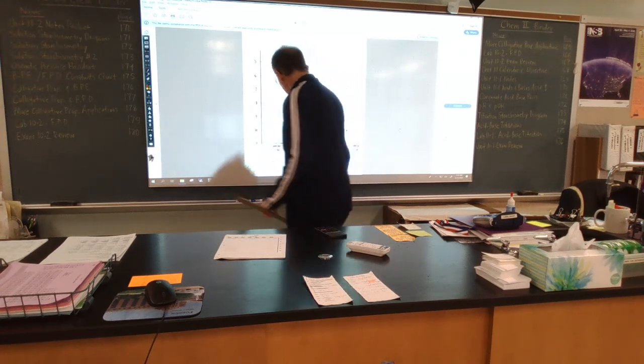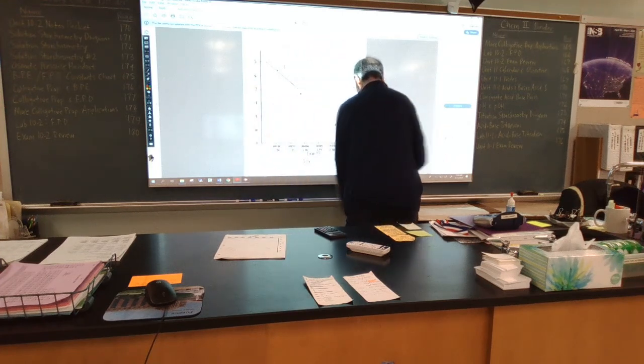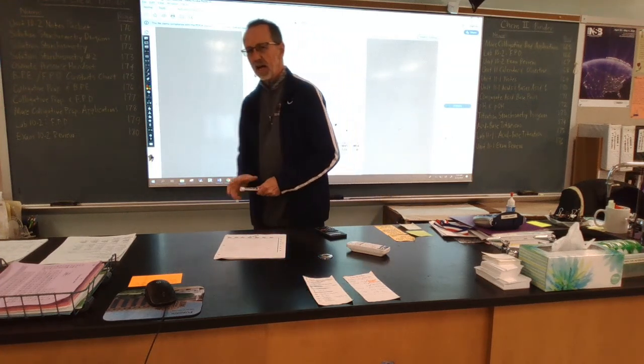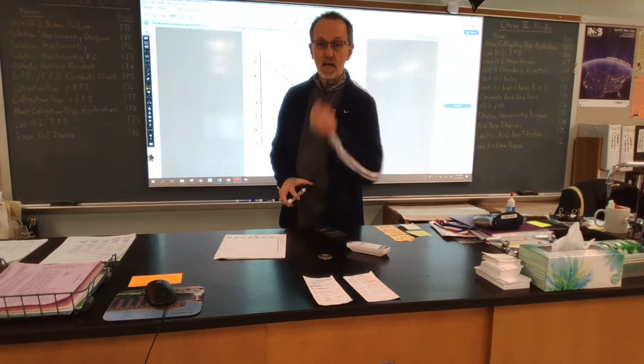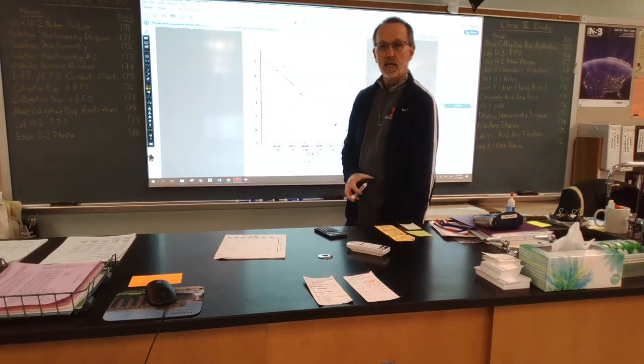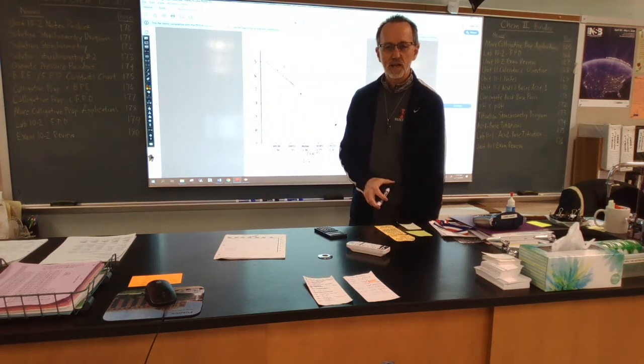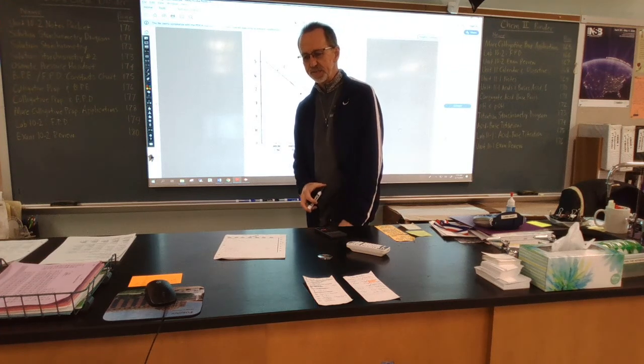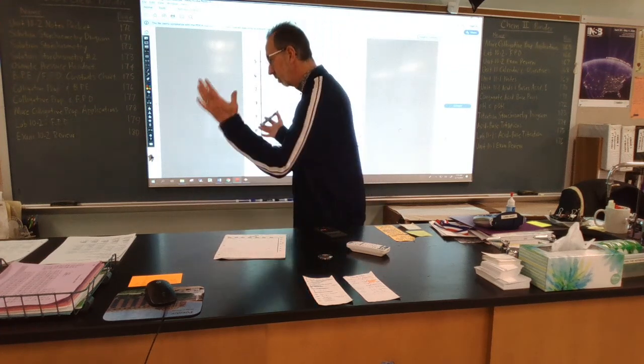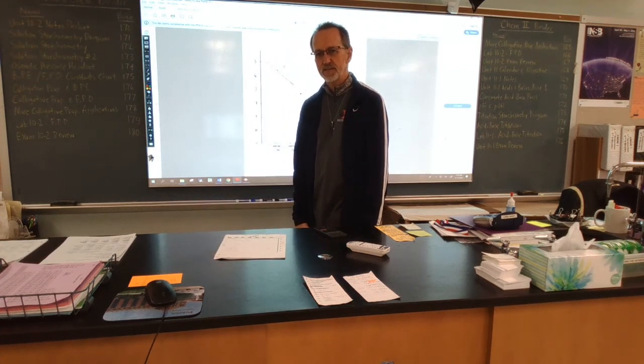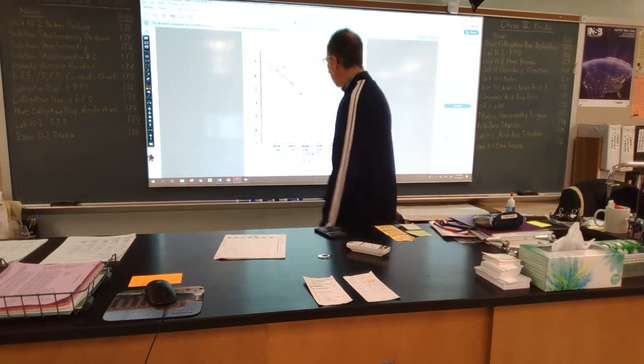There we go. And again, I could draw those data points 100 times, and I'd probably get 100 different lines with 100 different slopes. So there again, that's the subjective nature of graphing by hand.